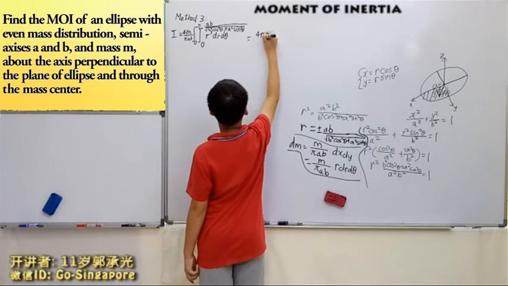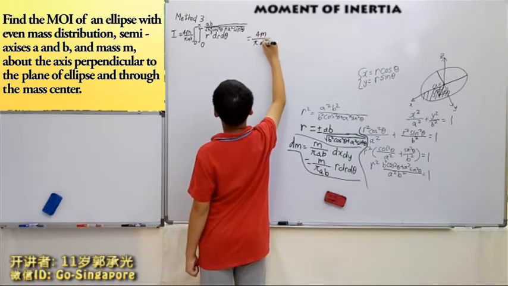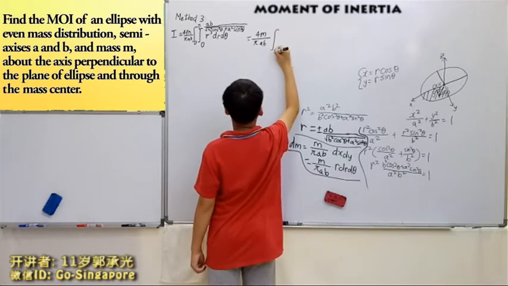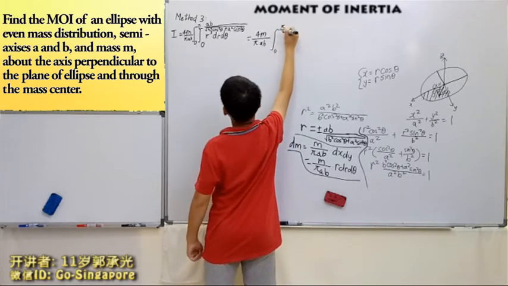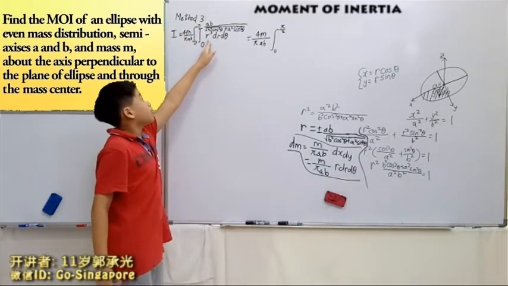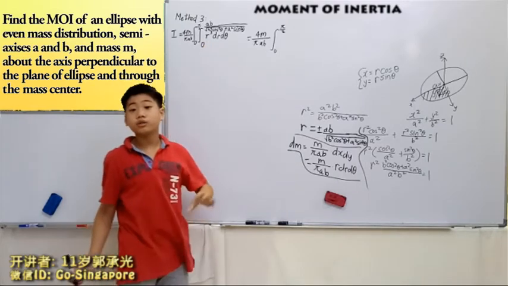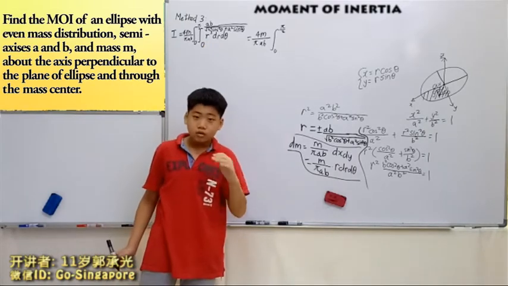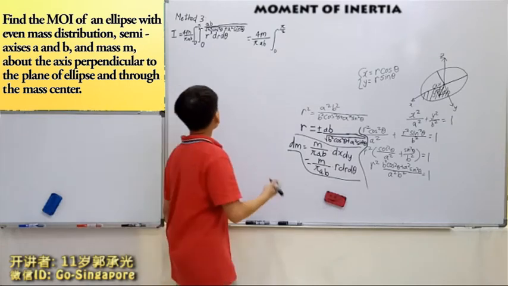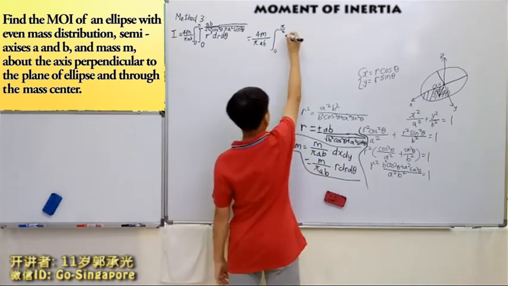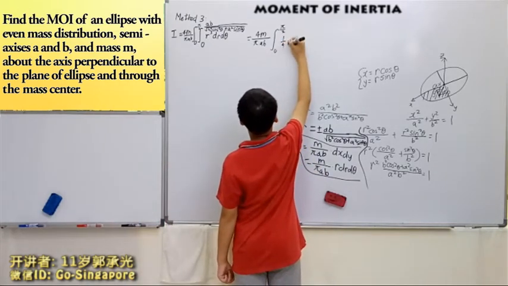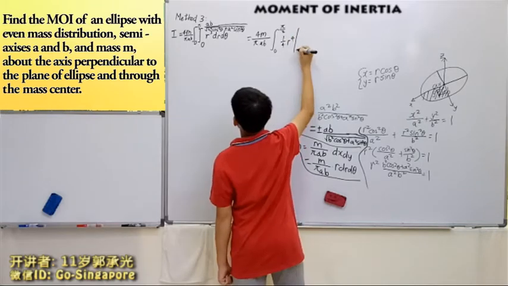Then 4m over pi AB, then integrate from 0 to half pi. You integrate this part, r to the power of 4. Now, r to the power of 4 would become 1/4 r to the power of 4. And you have to stop.